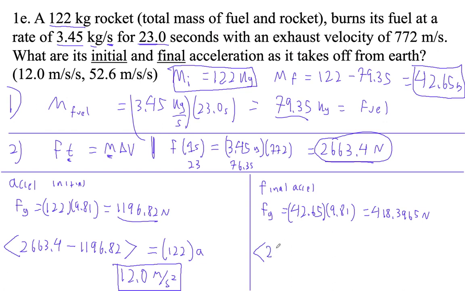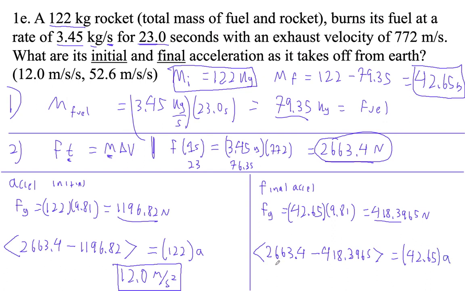We're going to assume that the engine doesn't warm up and generate more thrust, but it does. Okay, minus, and then it's going to be less weight, less force of gravity. And less mass, 42.65. Okay, so let's do this.